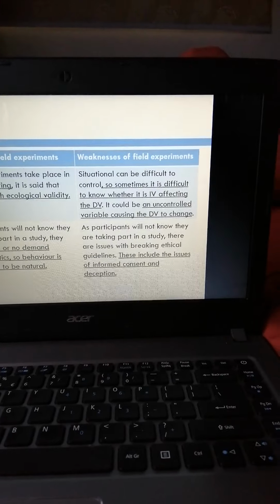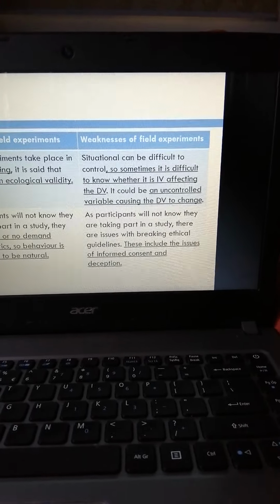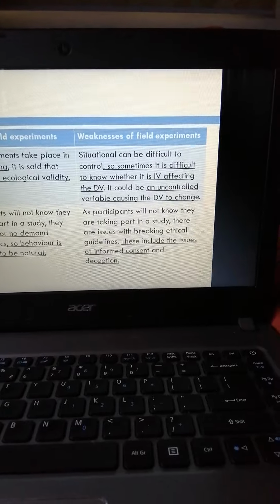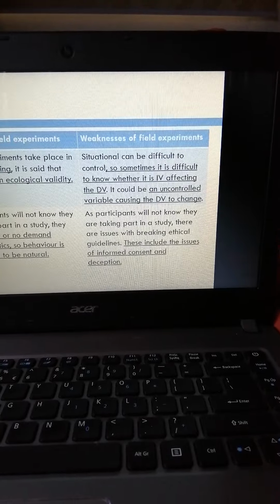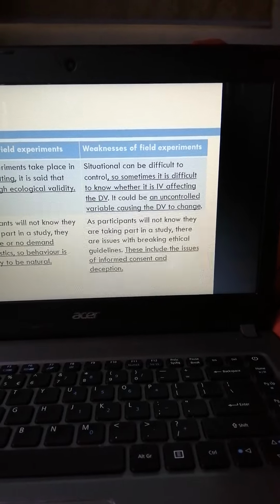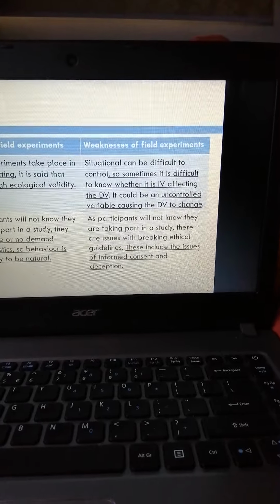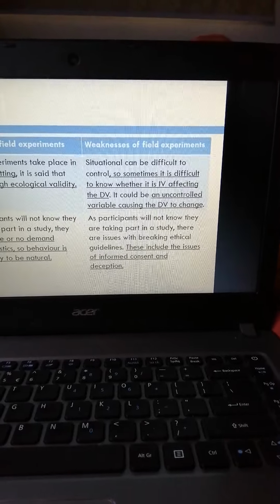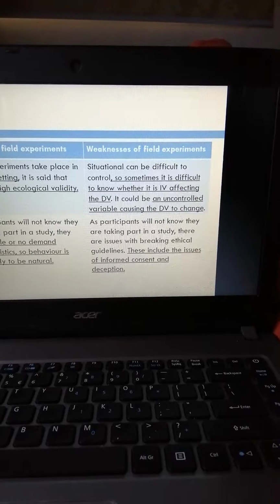Situations can be difficult to control, so sometimes it is difficult to know whether it is the IV affecting the DV. It could be an uncontrolled variable causing the DV to change. Okay, for example, let's look into the promotion and the effect of promotion towards the behavior of customers as the participants.